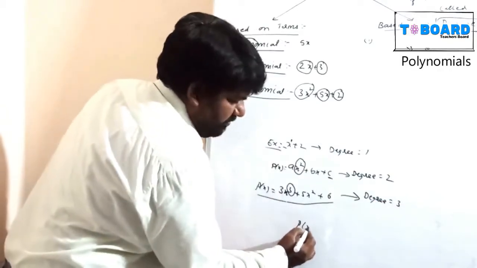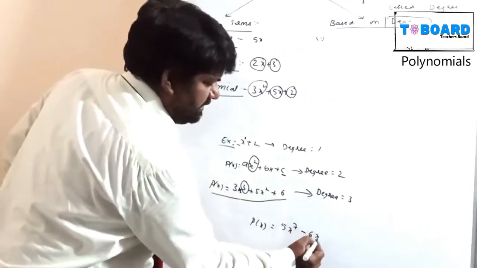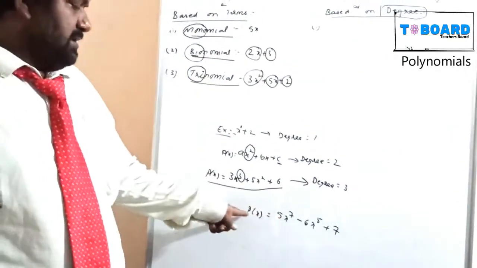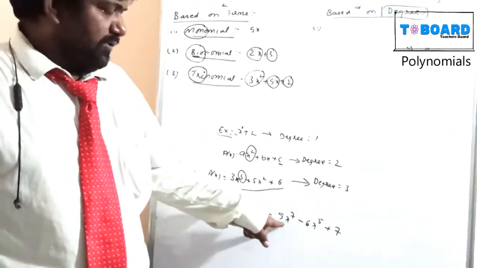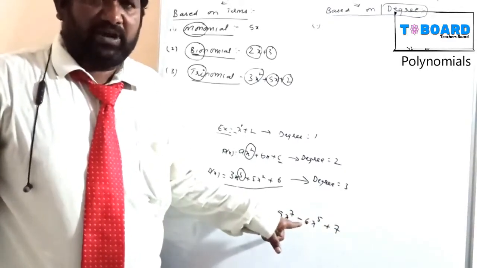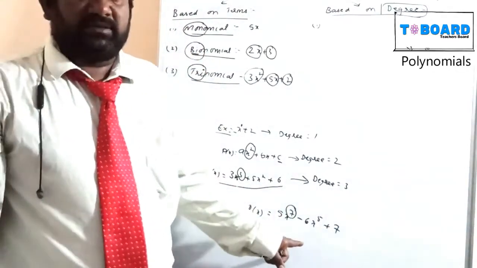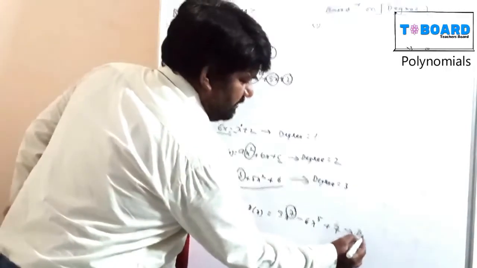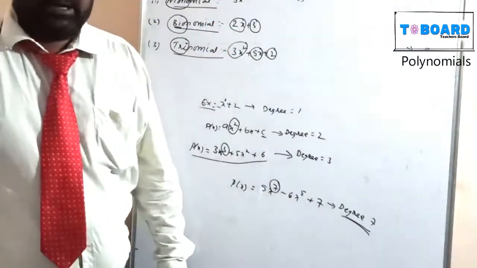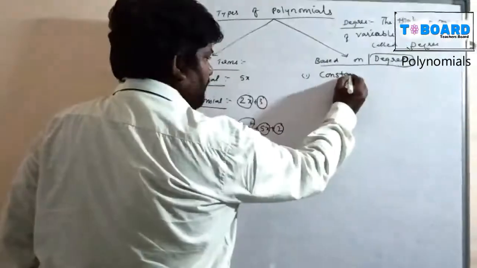One more example, p of x equals 5x to the power of 7 minus 6x to the power of 5 plus 7. The highest power of x is 7, which means the degree is 7. Based on degree, first one, constant polynomial.